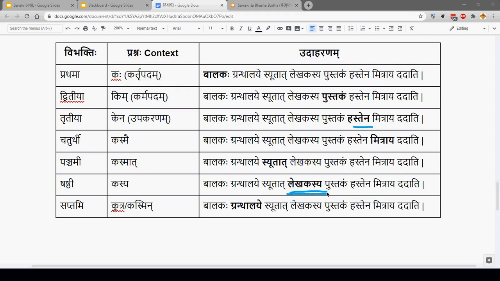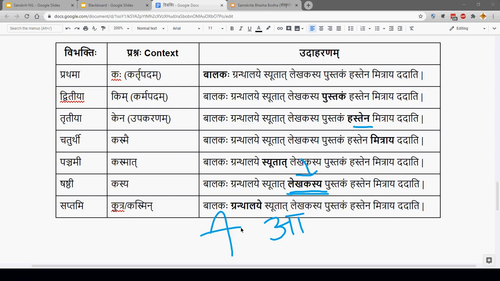Now, for Akaranta, the base word ending in A and masculine gender, it will look like this: Ramasya, Lekhakasya, Balakasya, Kandukasya, etc. And similarly, if it is neuter and the base word ending in A, like Phala, it will also look similar: Phalasya, Pustakasya, Vahanasya, etc. If the base word ends in A and it is Strilinga, then it becomes Ramayaha, Umayaha, Latayaha, like that.